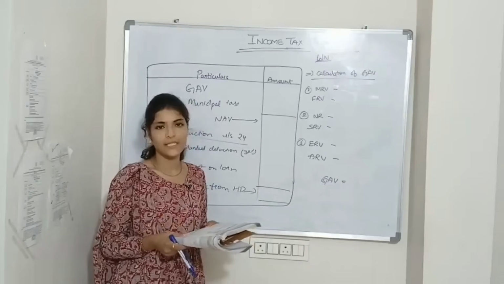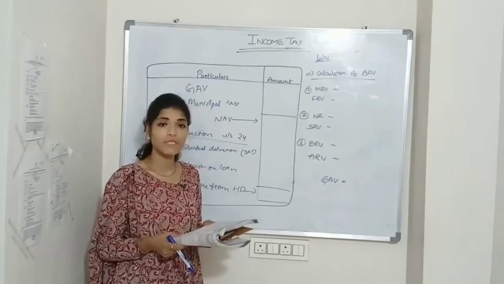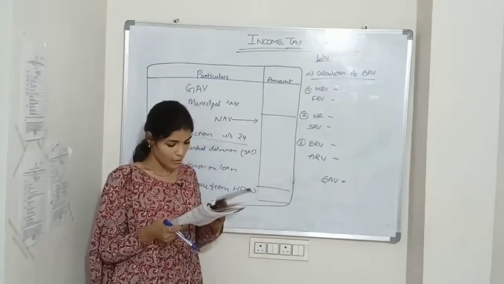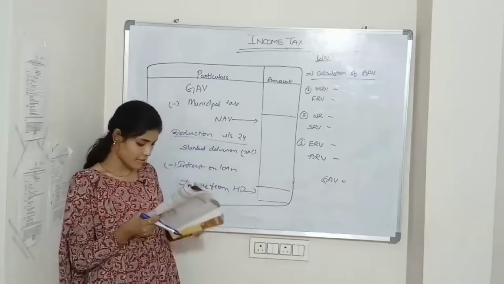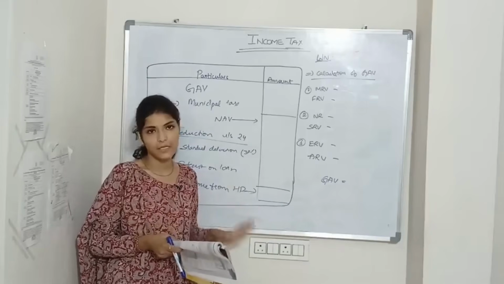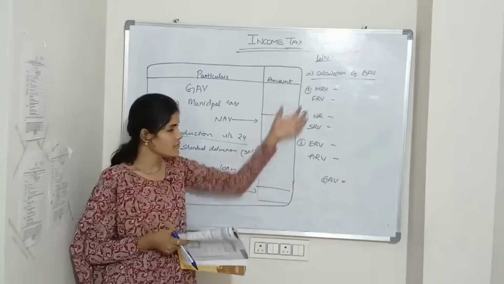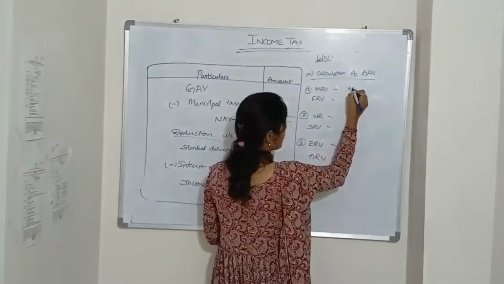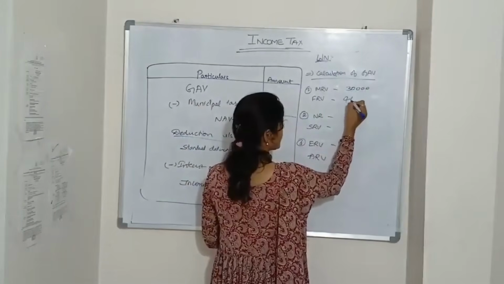Unrealized rent, nothing is there. If unrealized rent is there, we need to subtract that amount from the actual rental value. Interest on loan they have given, and municipal taxes they have said 10%. First we will calculate GAV. MRV is 30,000, FRV is 40,000.